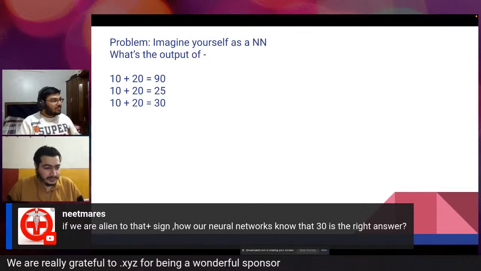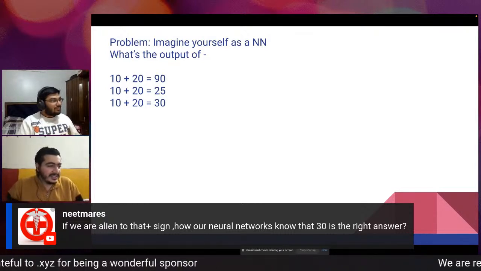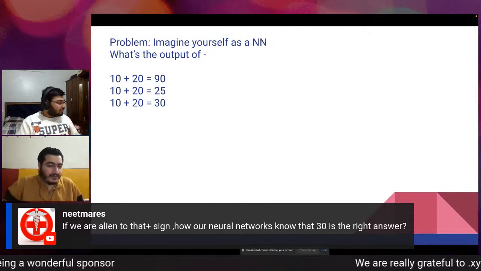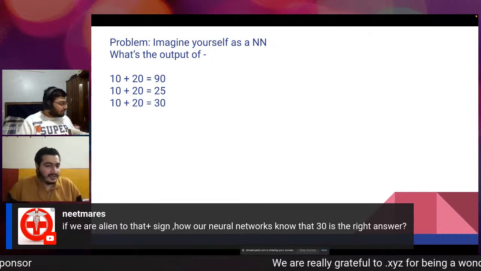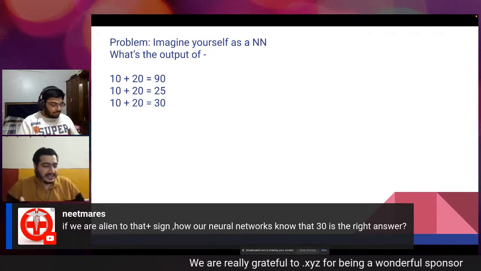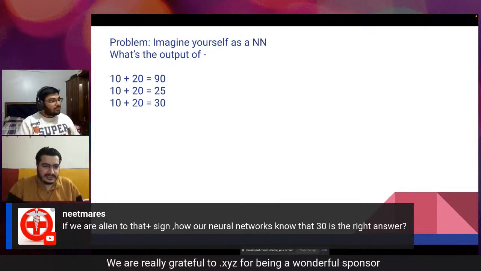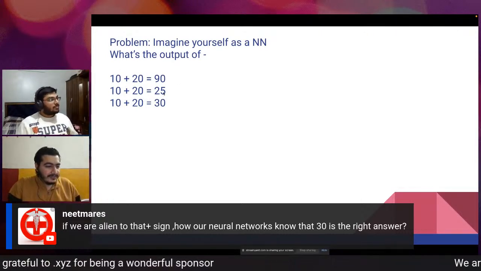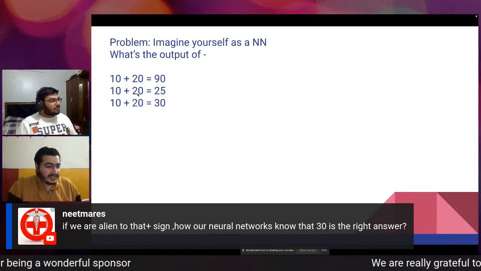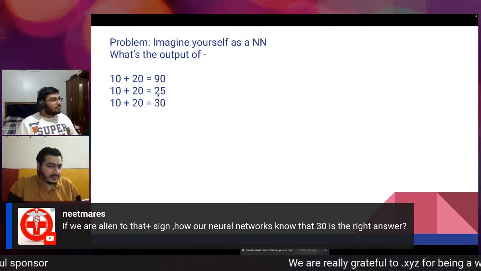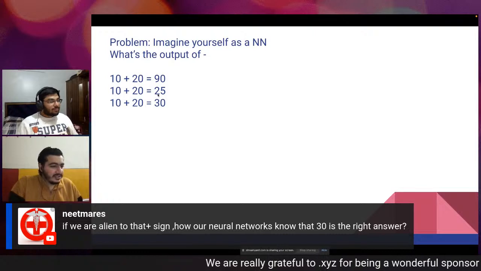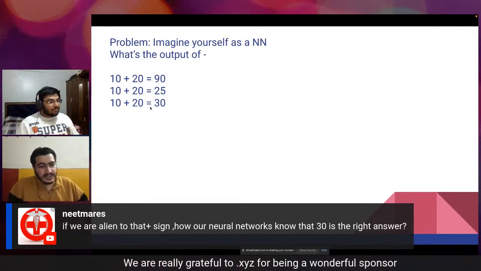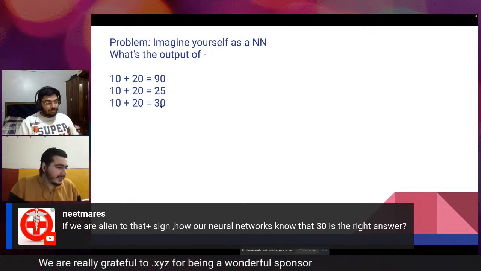If it's trying to not do the right thing, I'm going to penalize the neural network by how far away it is. It's going to start at random. I'm going to penalize the network by 60 units in the first step, then after I input the second thing, I'm going to penalize the network by 5 units, and then if I input 10 and 20 again, it's going to learn the right semantics.